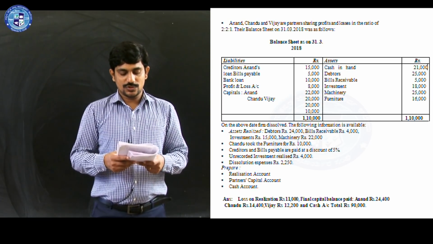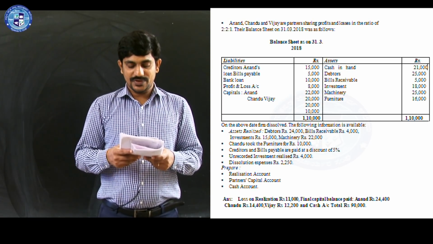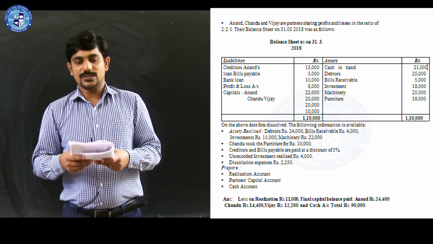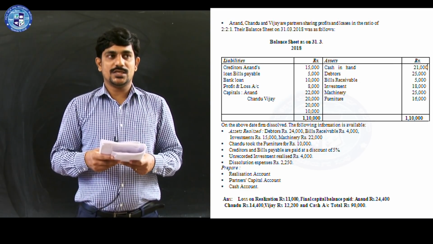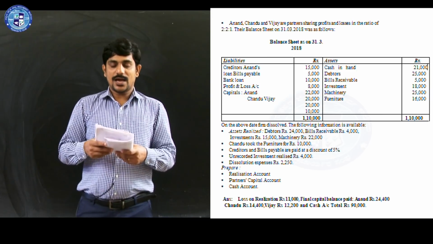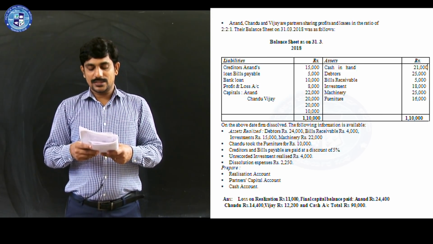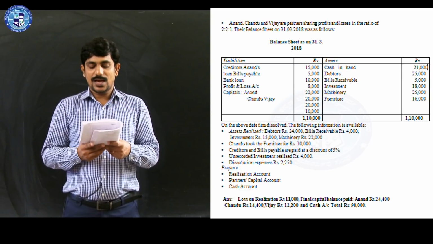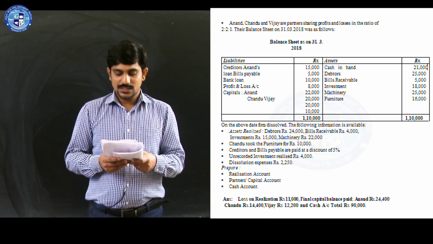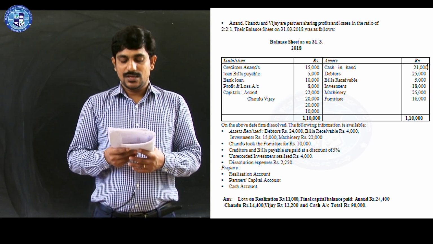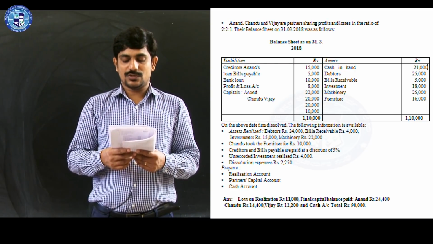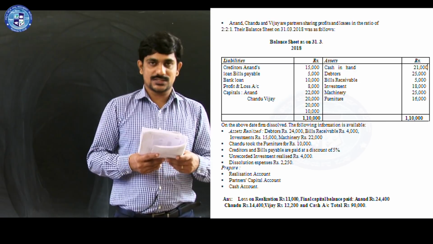Anand, Chandu and Vijay are partners sharing profit and losses in the ratio of 2:2:1. Their balance sheet as on 31/3/2018 was as follows. On the asset side it is given: cash in hand 21,000, debtors 25,000, bills receivable 5,000, investment 18,000, machinery 25,000, furniture 16,000.